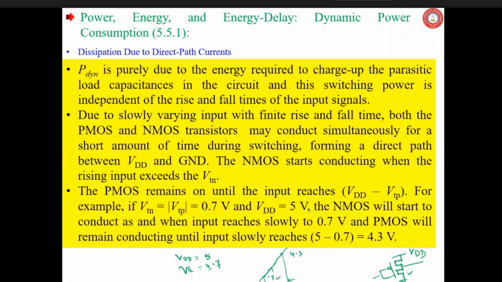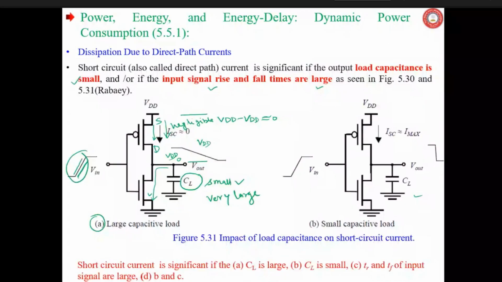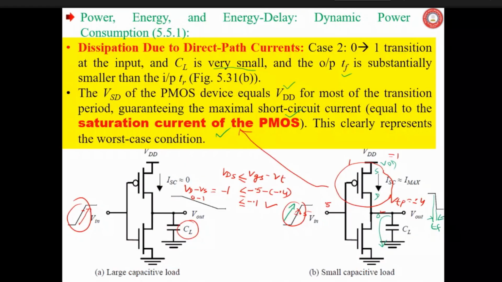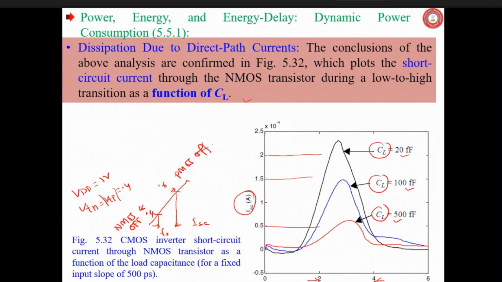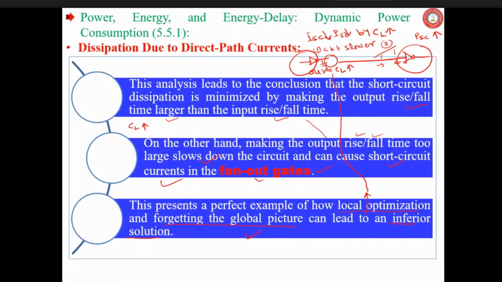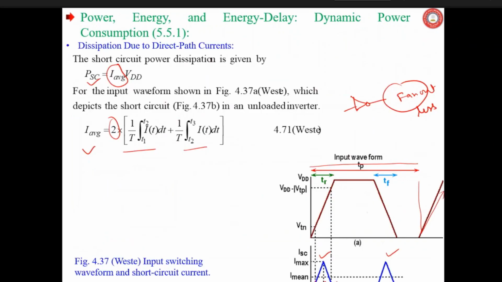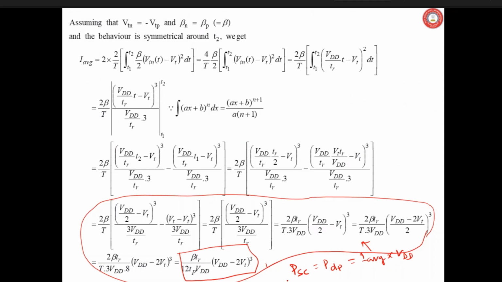This is also discussed, so I am going further. Direct path current is discussed. You have understood, so I'll go further. The equation regarding this I have discussed. E short circuit is I average into VDD, and if you integrate, then you get this expression.